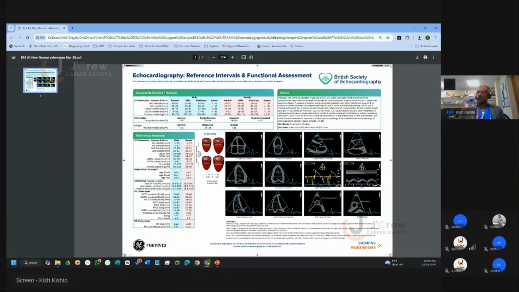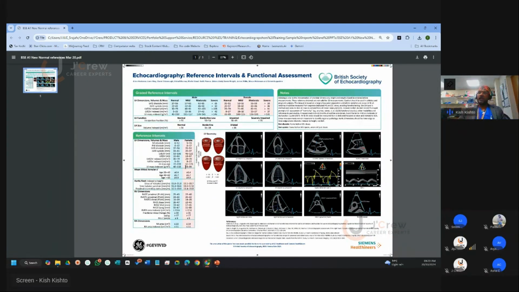The grading has all changed in the last few years, but we keep it as simple as possible, because sometimes you're sitting on the gray line, whether it's mild or moderate, moderate to severe. Then you have all the references for your dimension. You look at your wall thickness for your LV.